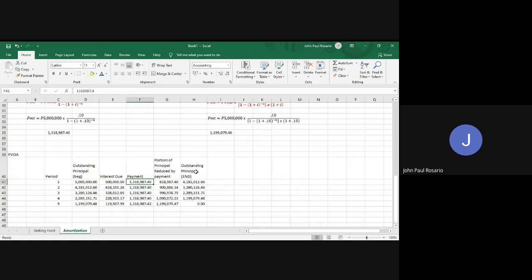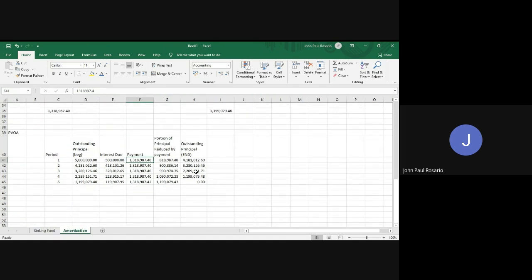However, in amortization, it's not the case. Payment is constant, principal and interest due will continue to decrease, while on the other hand, our portion of principal reduced by payment will continue to increase.